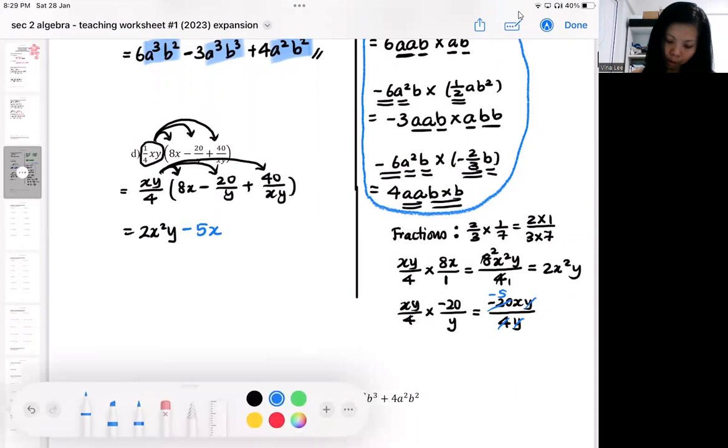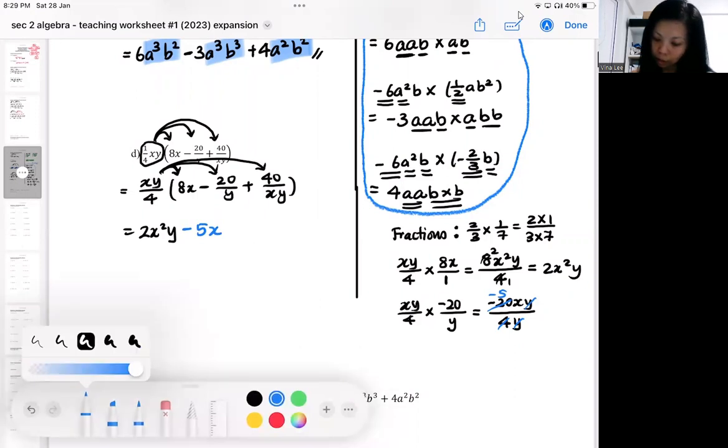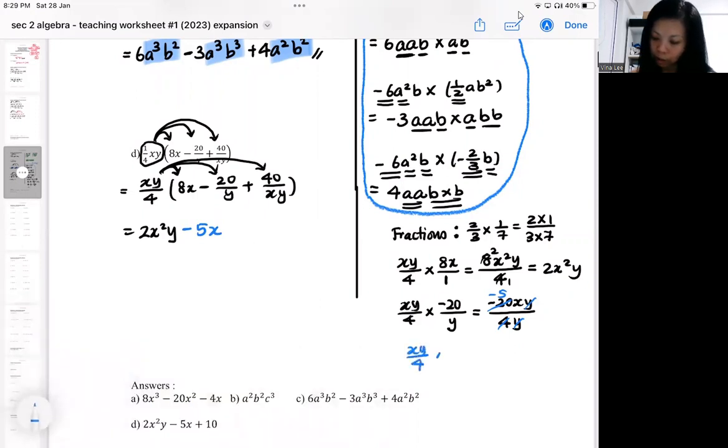Then the last arrow will be xy over 4 times 40 over xy. Numerator times numerator, denominator times denominator. You realize that you can cancel and you can divide.